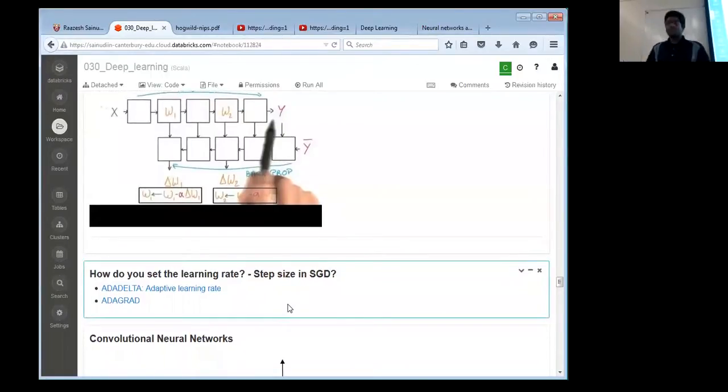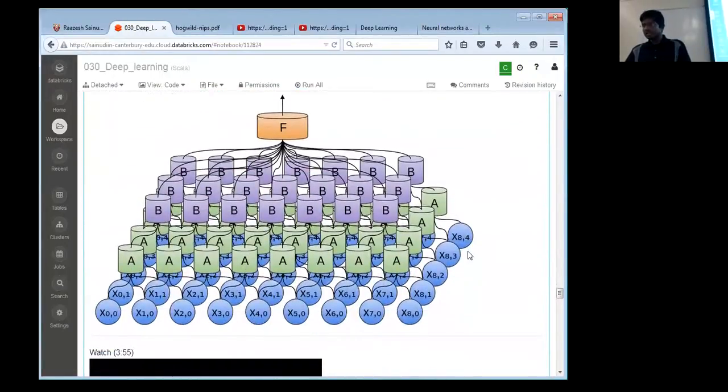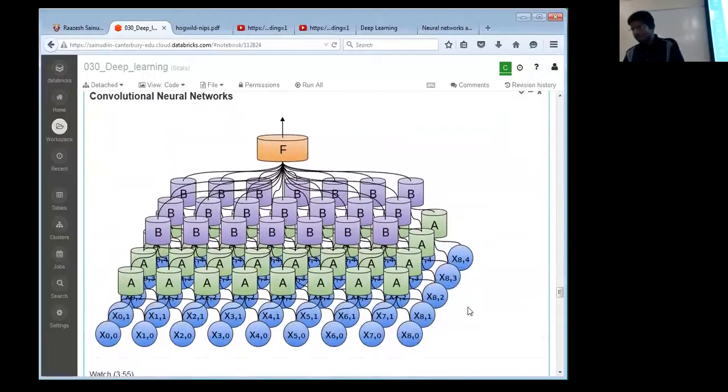So all that we saw right now is fully connected neural networks. Now we'll go to another flavor of neural networks called the convolutional neural networks. And it looks something like this. As you see here, the blue circles are the input layer.